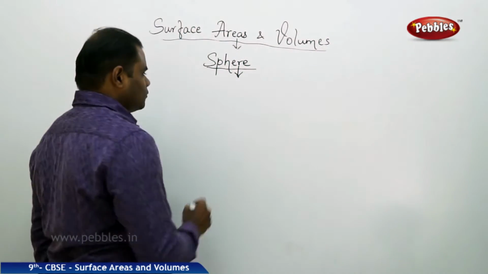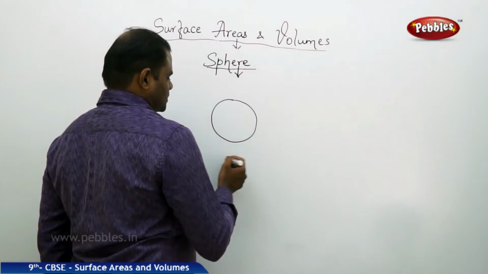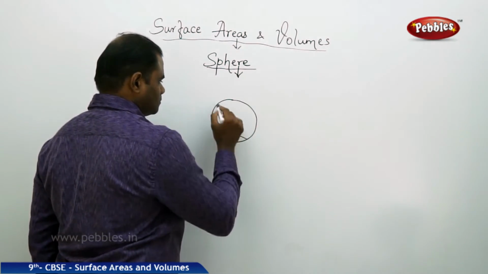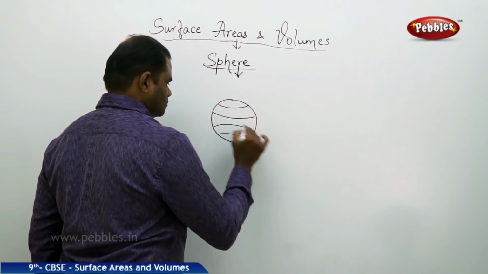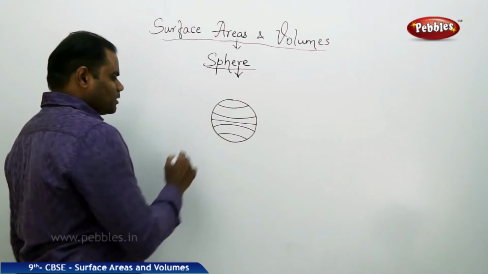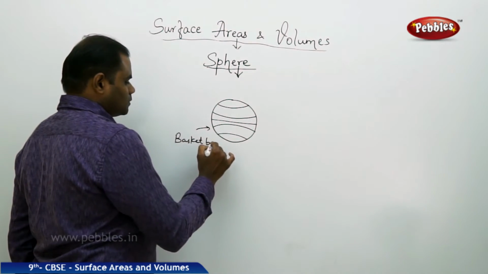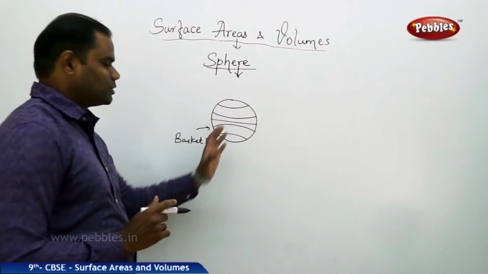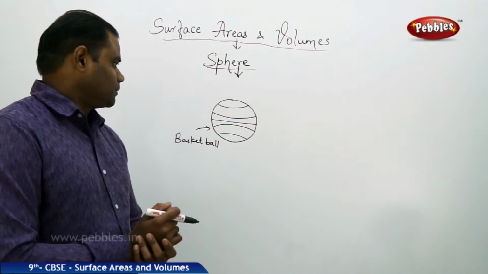Imagine I take a football or a basketball. Assuming this to be a basketball, the kind of shape which looks circular in all directions is called a sphere.